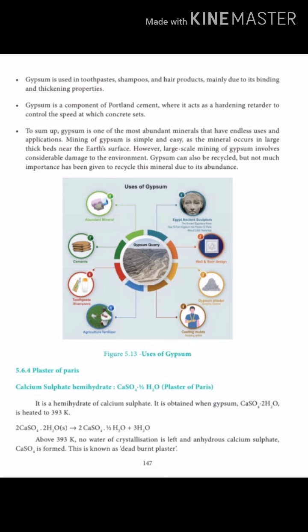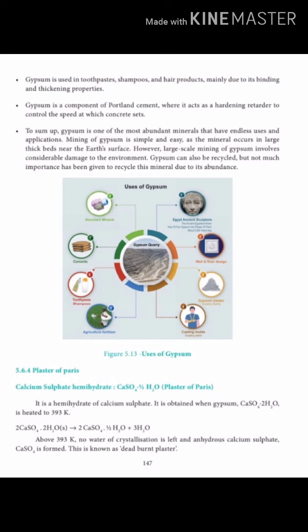Mining gypsum is simple and easy, as the mineral occurs in large thick beds near the Earth's surface. However, large-scale mining of gypsum involves considerable damage to the environment. Gypsum can also be recycled, but not much importance has been given to recycling this mineral.